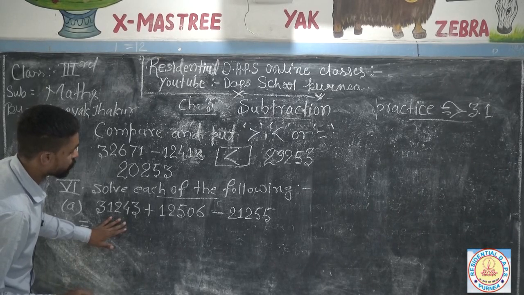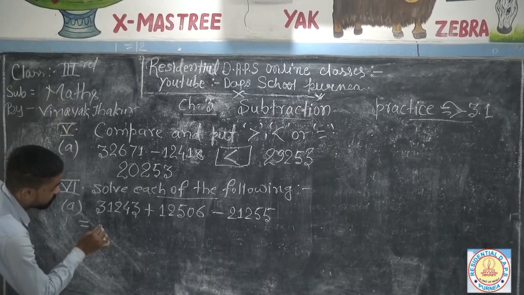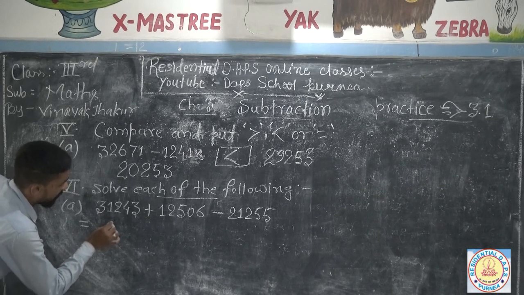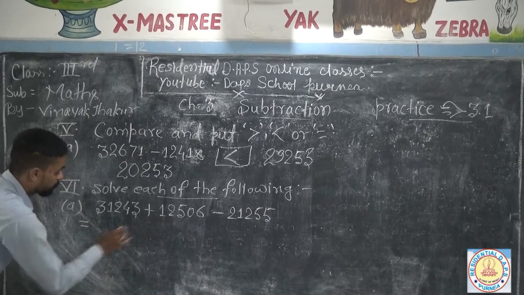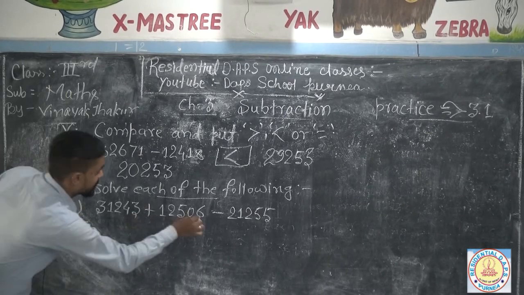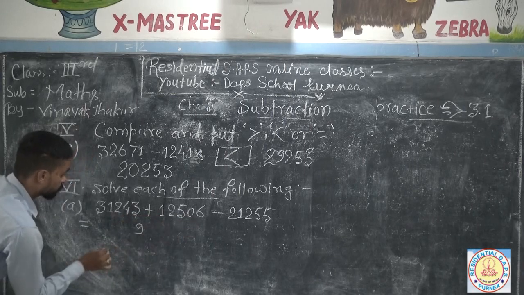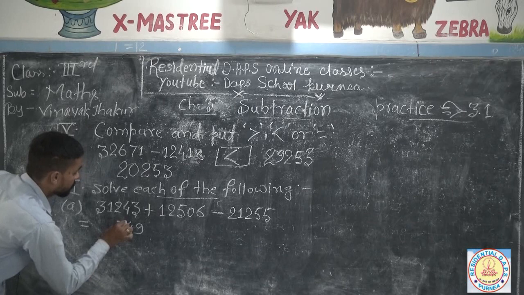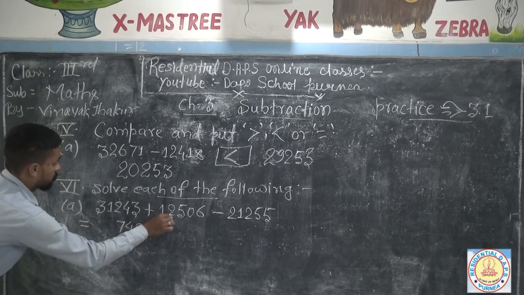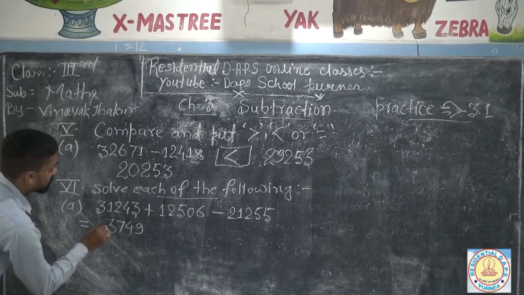31,243 and 12,506 are in plus mode. So you have to add both numbers. 3 plus 6 is 9, 4 plus 0 is 4, 2 plus 5 is 7, 1 plus 2 is 3, and at last 3 plus 1 is 4.